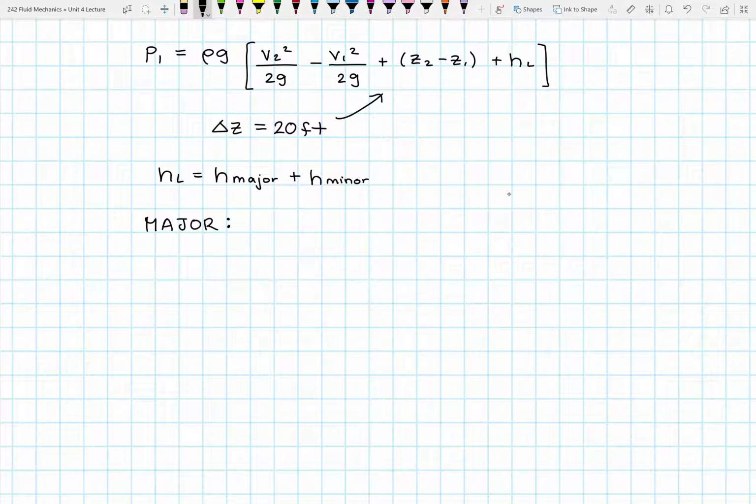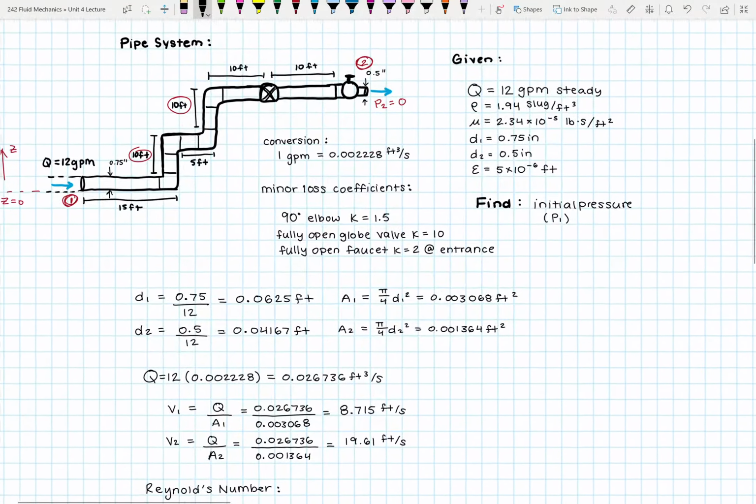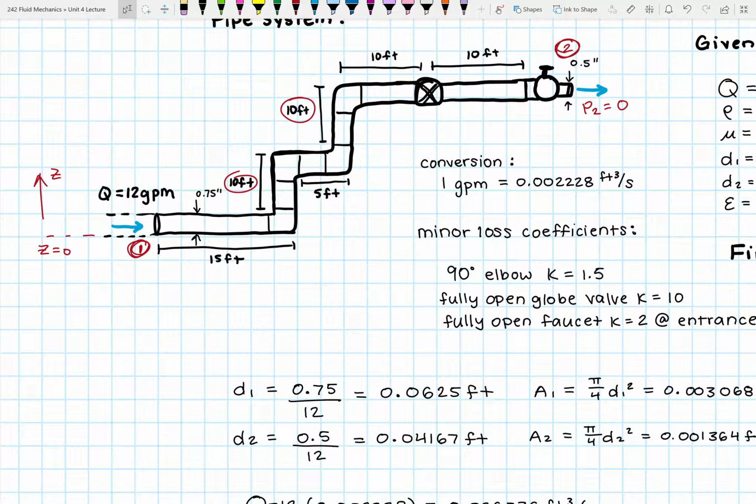So the equation for that is going to be this friction factor, delta x over the diameter, times the velocity squared over 2g. And this delta x is just going to be the length of our pipe. So we can go ahead and calculate that really quickly. That's a pretty easy one.